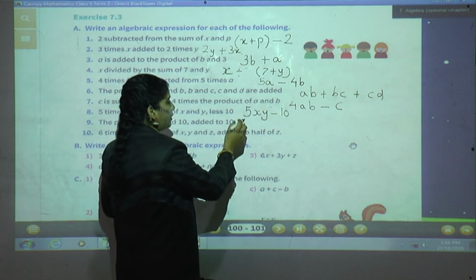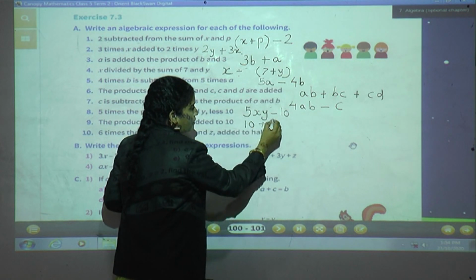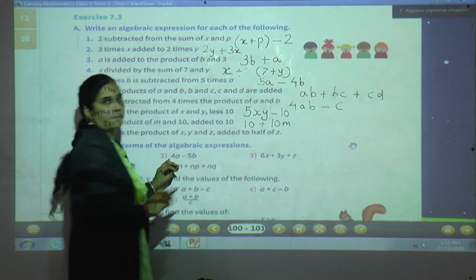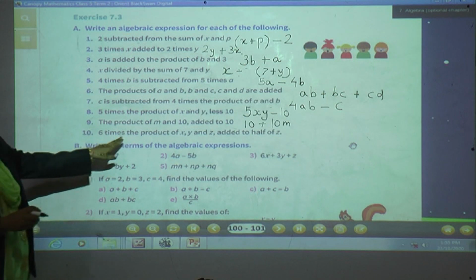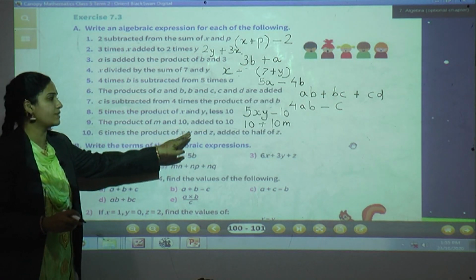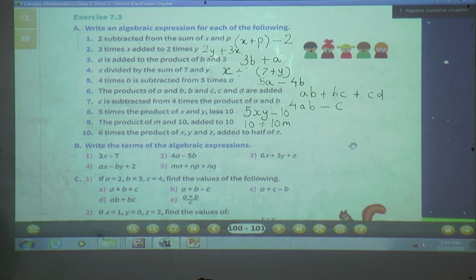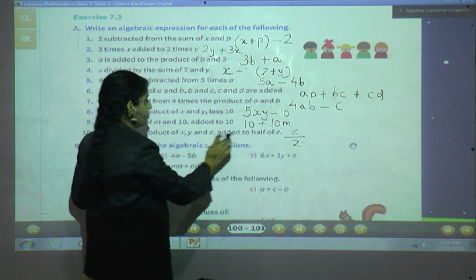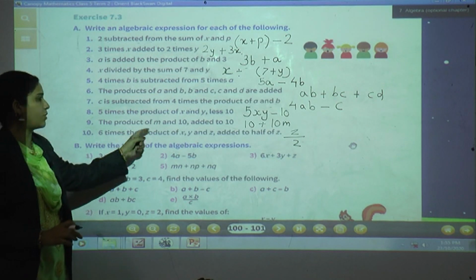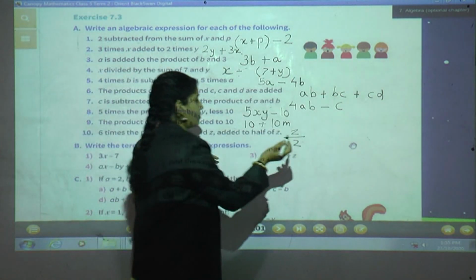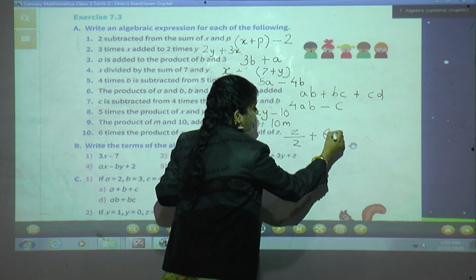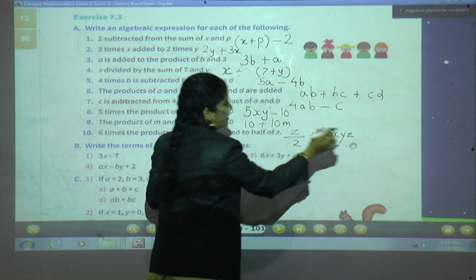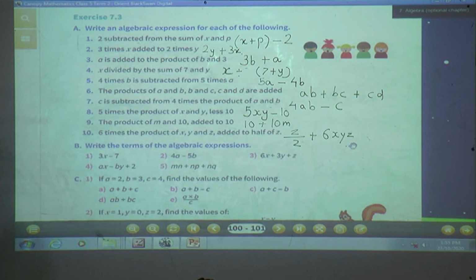Yes, 10m, and added to 10. Now, 6 times the product of x, y and z added to half of z. Half of z means z upon 2. So 6 times the product of x, y, z means what, students? 6xyz. So this one is the answer.